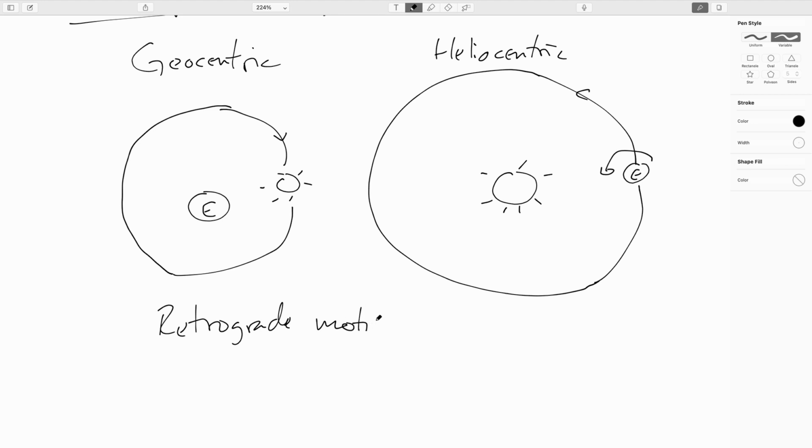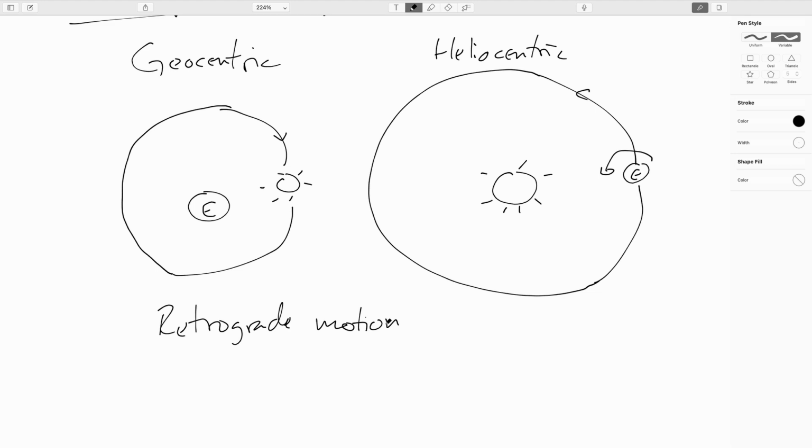Now, every star, planet, everything will rise in the east and set in the west over the course of a night. But typically, night after night, if you map the position of a planet, you'll find that it moves a little bit to the west in the sky every night. Except when it doesn't.